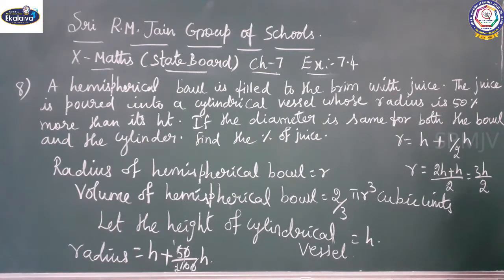From this you can find the value of height H. R equal to 3H by 2, so height equal to 2R by 3.